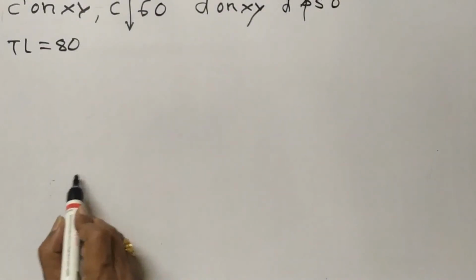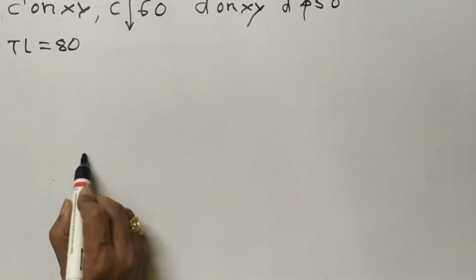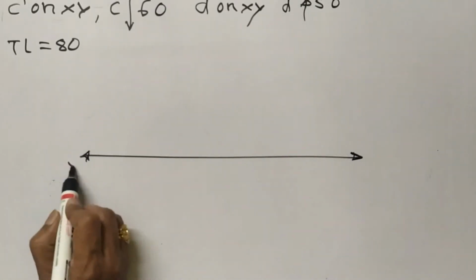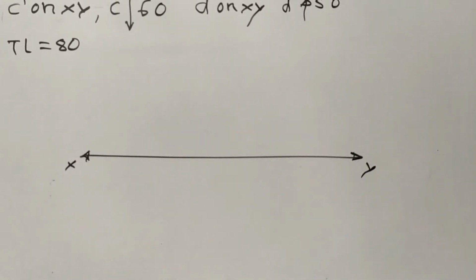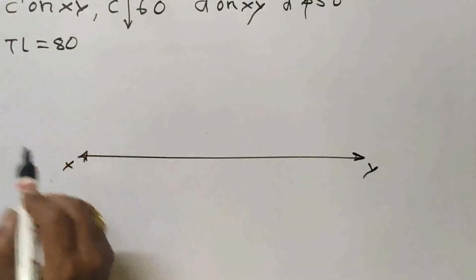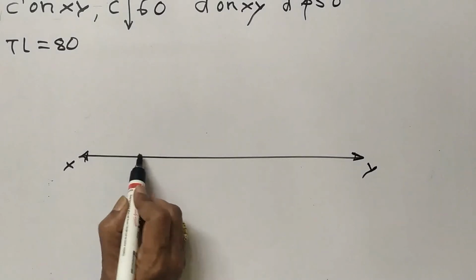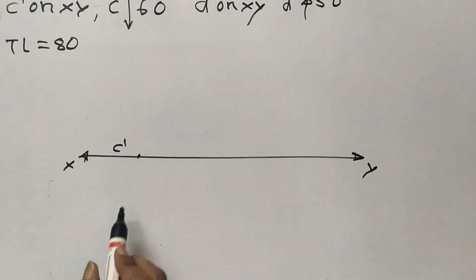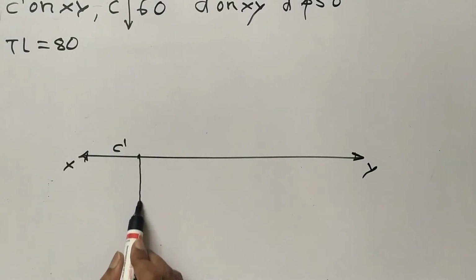So what I will do, I will take the XY line, then I will mark C dash on XY. So C dash is on XY, and C is 60 mm in front of VP. So I will move 60 mm perpendicular, this distance.